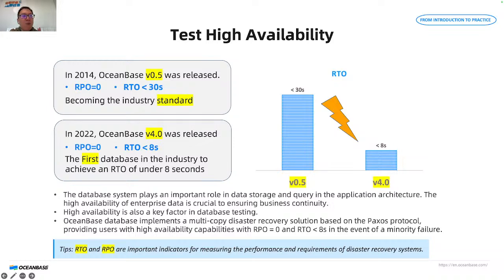And in OceanBase version 4, OceanBase further enhanced this by providing RPO also 0 and at the same time RTO less than 8 seconds, making it the first database in the industry to reach an RTO less than 8 seconds. So high availability testing is also an important part of the evolution of our database product, ensuring the security and continuity of our data in abnormal scenarios.